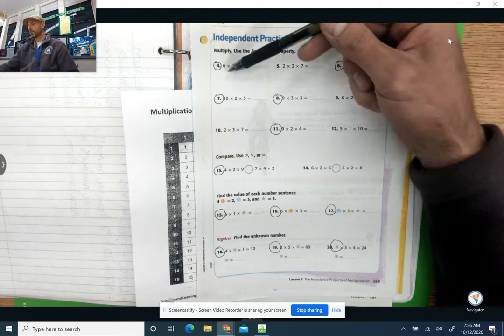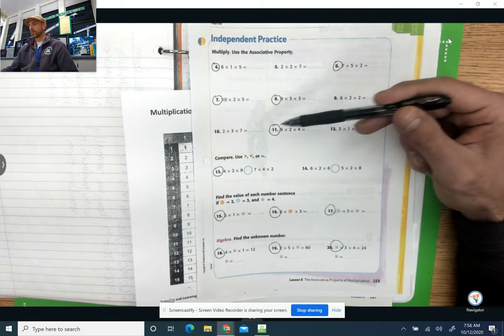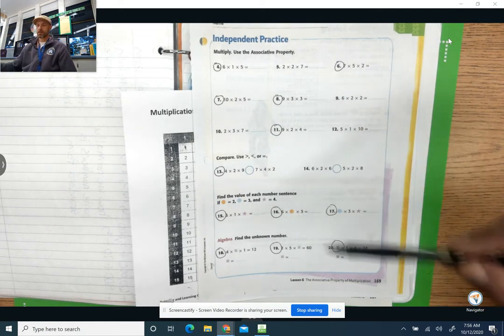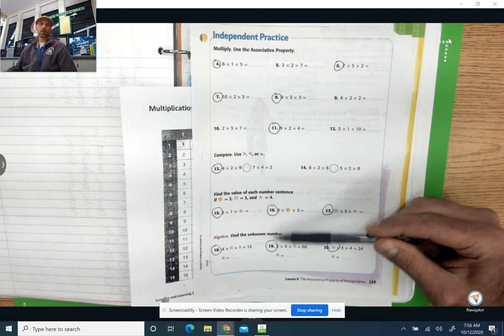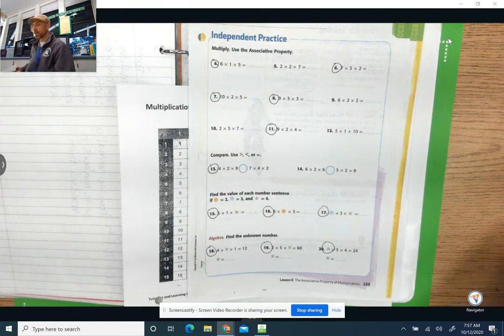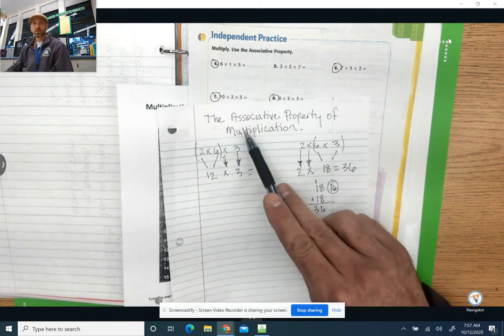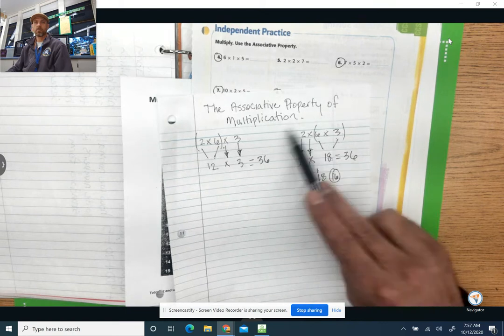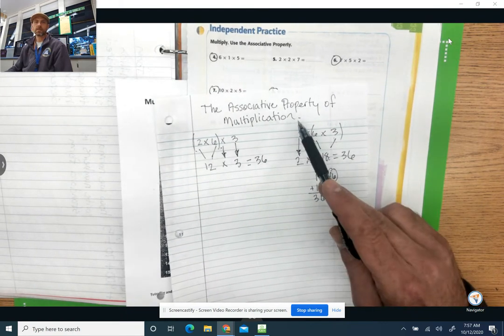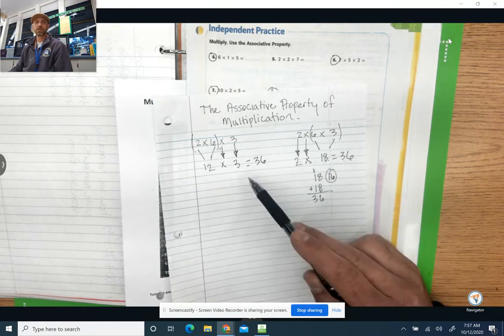Okay, you do 4, 6, 7, 8, 11, 13, and then we'll do the 6 down here at the bottom, as these are more of the challenge problems that we'll use when we're talking about the associative property of multiplication. The way you group the numbers with parentheses doesn't change the answer.